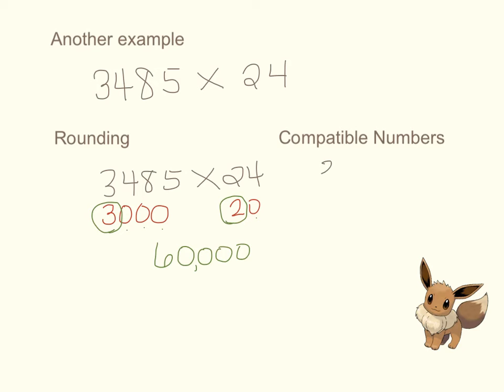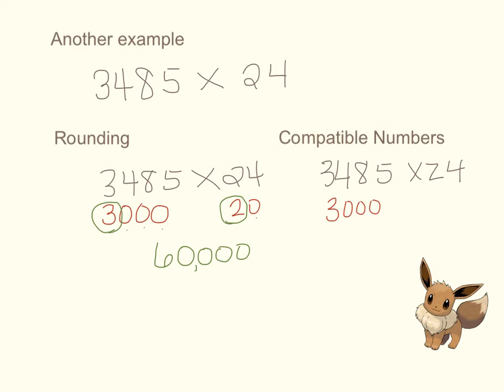Let's try using compatible numbers. Okay, our problem, 3,485 times 24. The first number I'll still round to the nearest thousand, 3,000, because 3,485 is closer to 3,000 than it is to 4,000. But the second number, I know my 25s pretty well, at least up to 125.